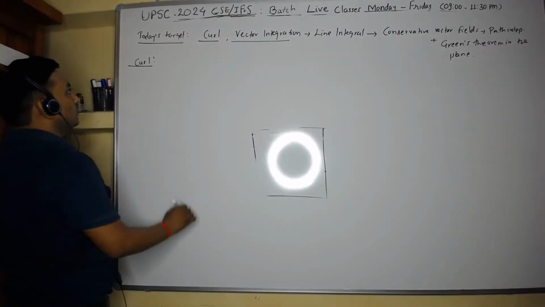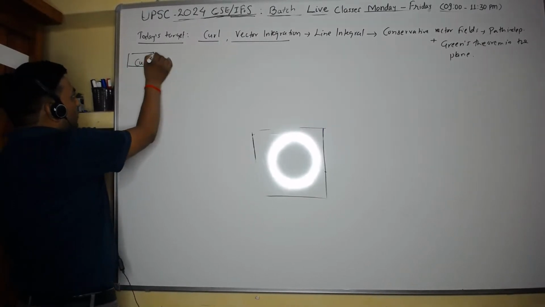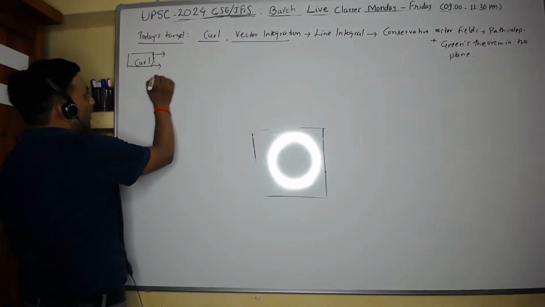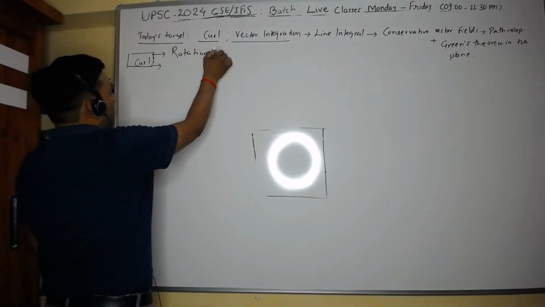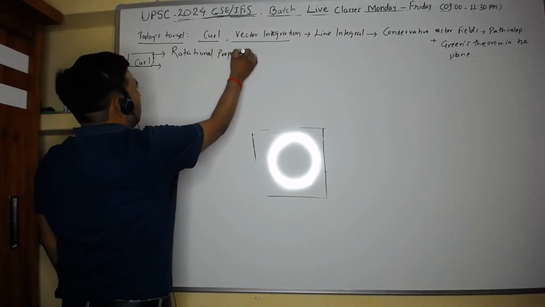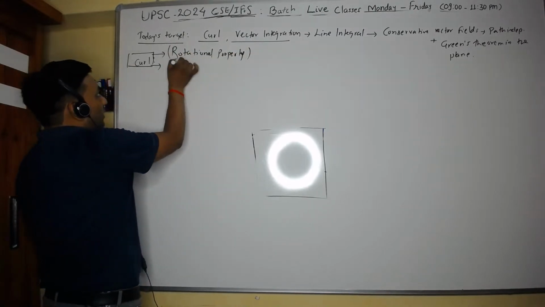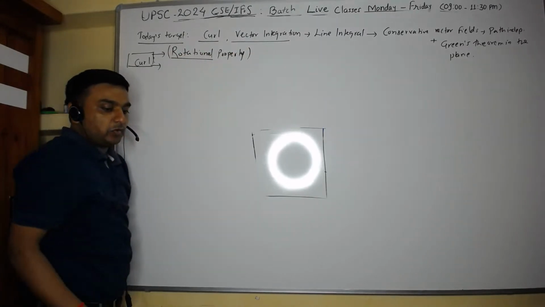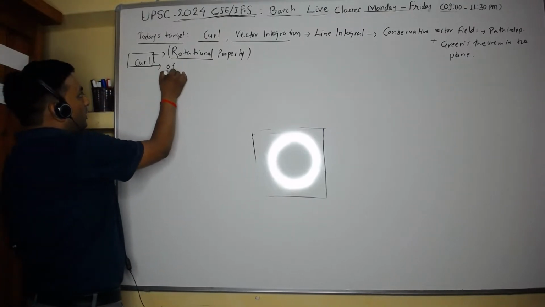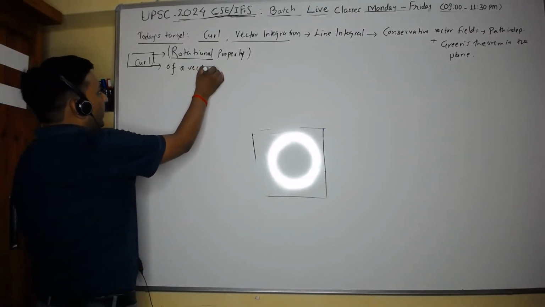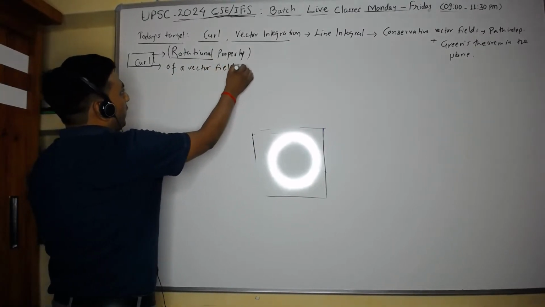Okay. So I would like to give you some keywords here. Curl means you will have some rotational property attached with curl. What is the property? That is rotational property. And curl is always of a vector field function.